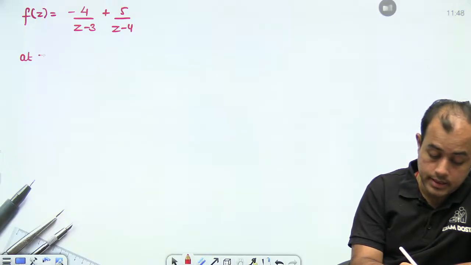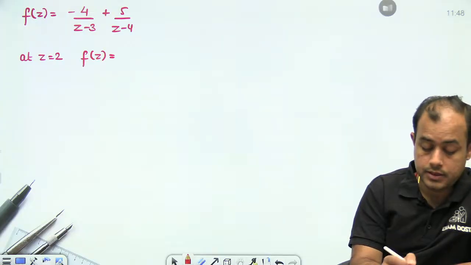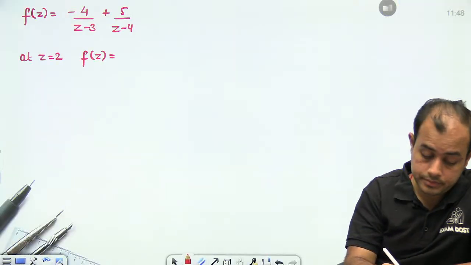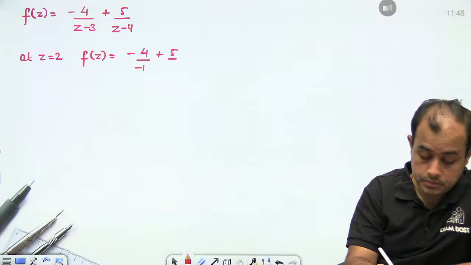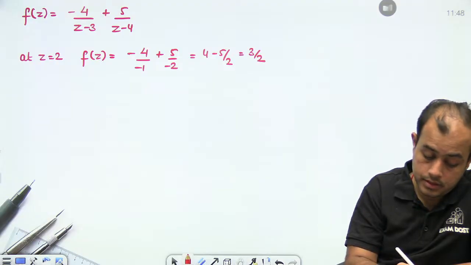So at z equal to 2, f of z will be how much? 3 by 2.